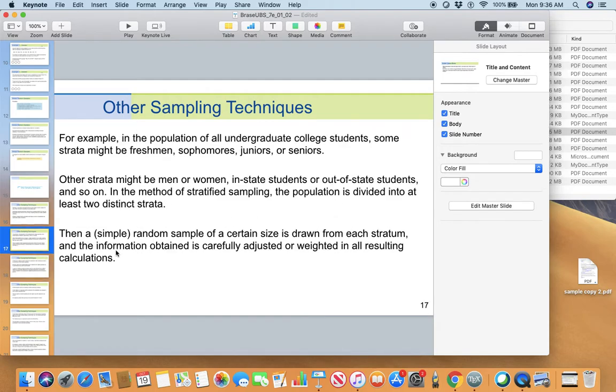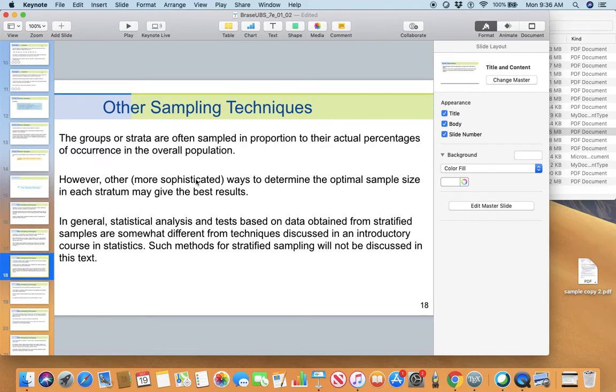Now, if you're looking at men and women, then you are expecting around 50% each. But suppose you are looking at different ethnicities, then you try to get a sample based on their actual percentage of occurrence in the overall population.